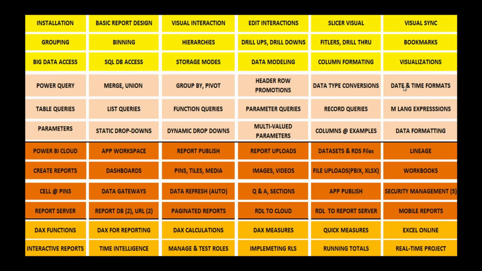We have 5 types of queries in Power BI: table queries, list queries, function queries, parameter and record queries. Total 5 different queries. Though the term is query, it is more into user interface, so mostly with drag and drop. The queries will be formatted automatically.